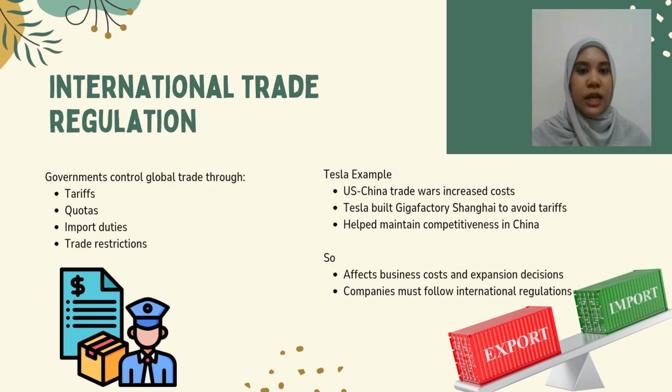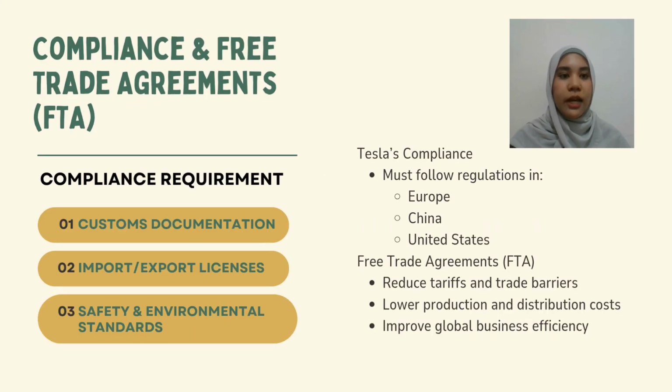All this helped Tesla maintain competitiveness in China in electric vehicles. So all this affects business costs and expansion decisions because of tariffs. And with all of these things happening, companies must follow international regulation in order to continue doing export and import businesses.